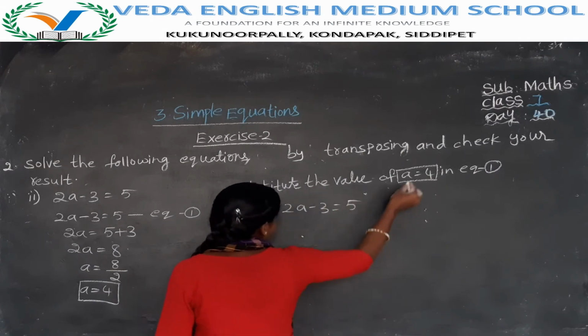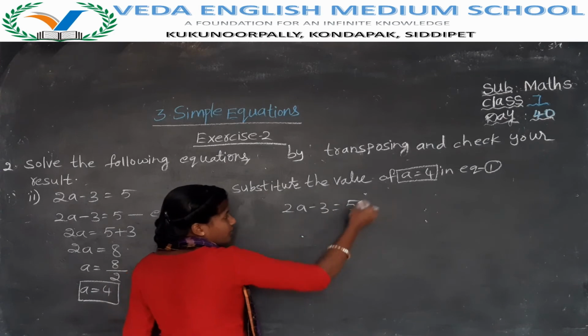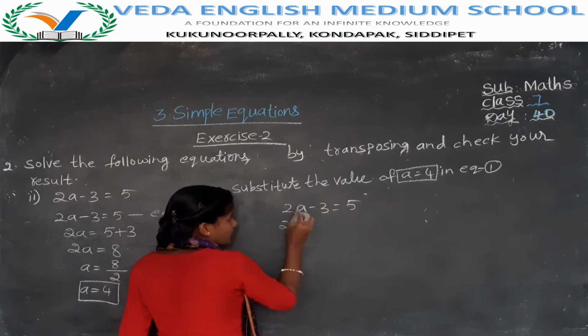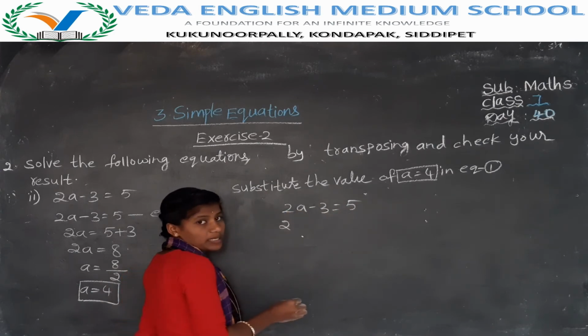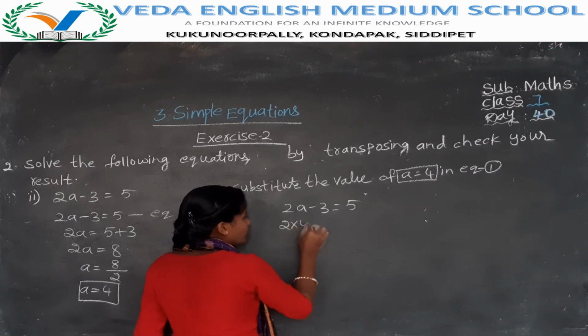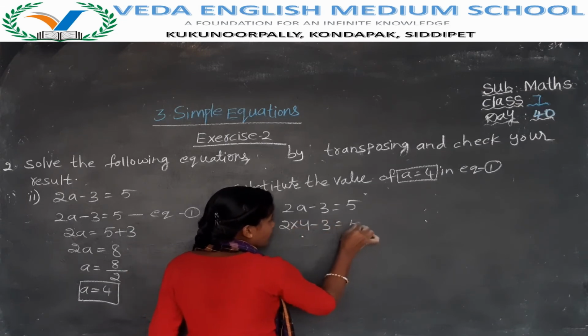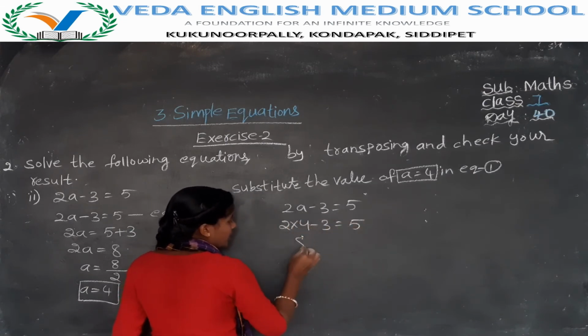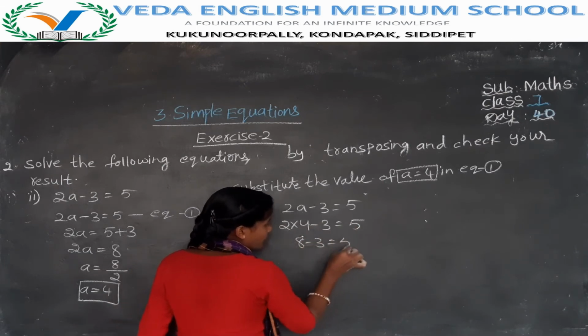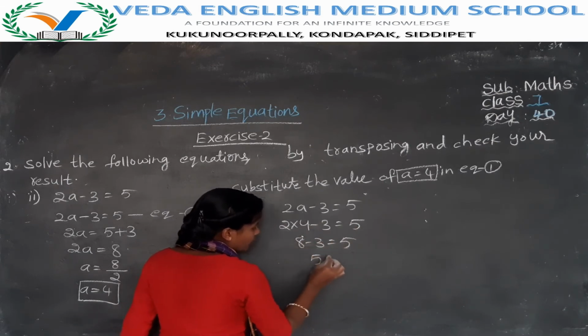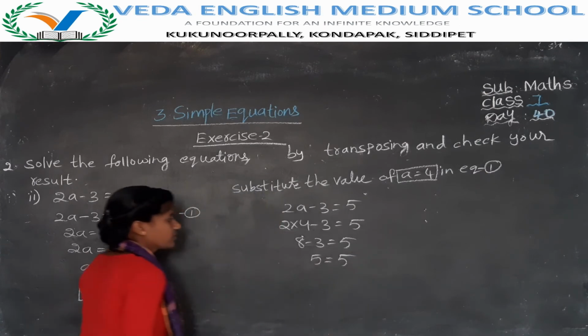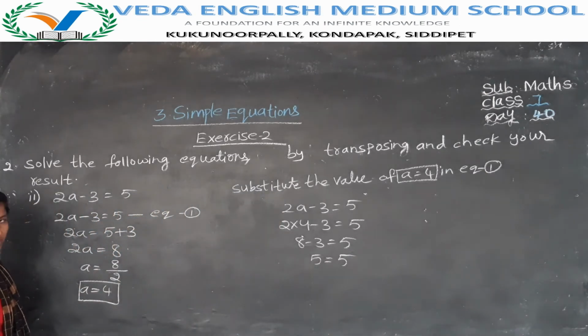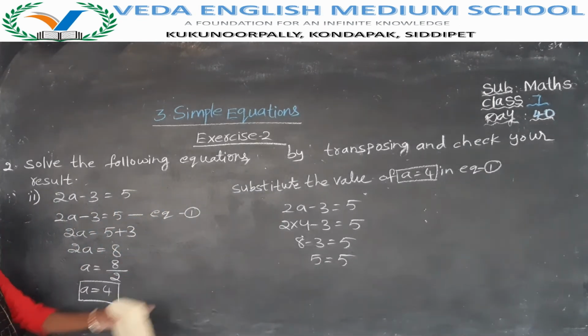So, in the place of a, what do we have to write? 4. The relation between 2 and a is multiplication. So, 2 into 4 minus 3 is equal to 5. 2 4s are 8. 8 minus 3 is equal to 5. 5 is equal to 5. Understand? You have to check your result like that.